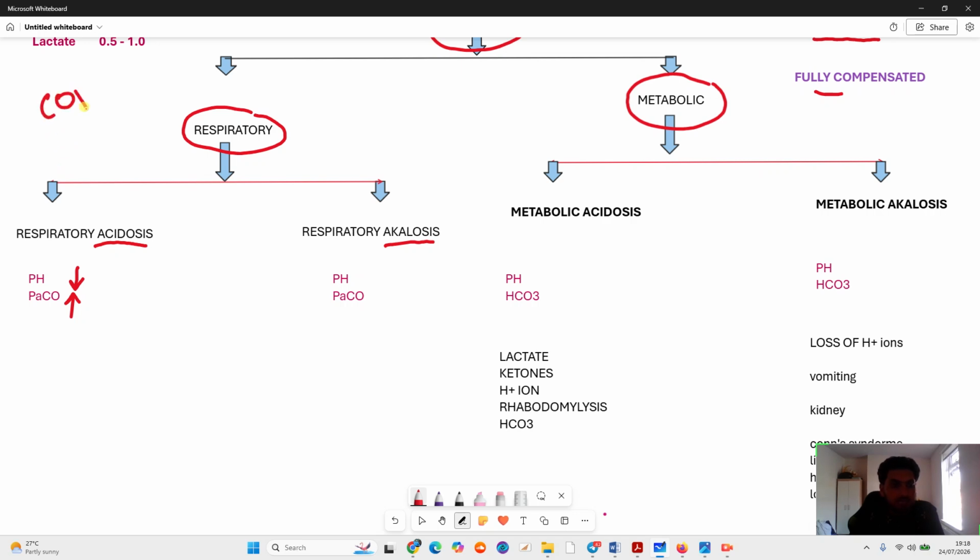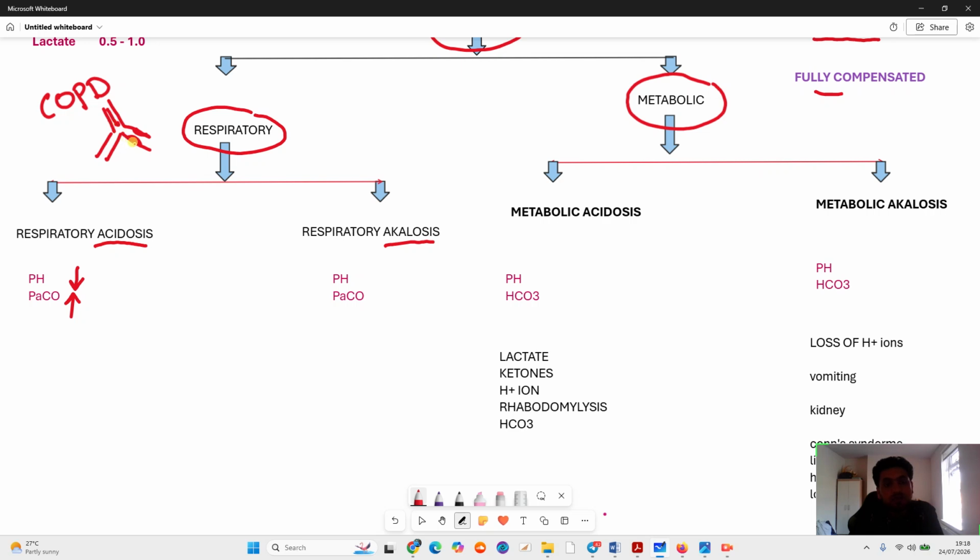I will give you one example. One patient is coming to you and has COPD, and we know in COPD the airway is narrowing. There are some abnormalities, some pathologies, and the airway is narrow.